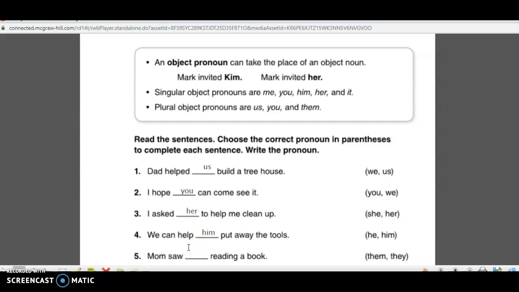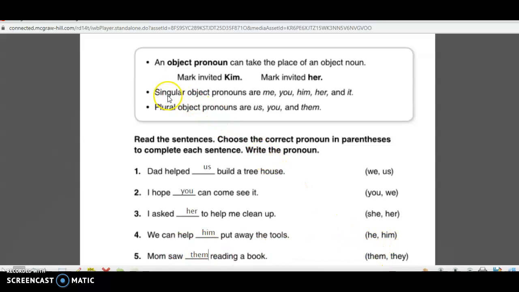This is part of the predicate. We're going to use them. Them is an object pronoun, not they. So Mom saw them reading a book. "Mom saw they reading a book" doesn't sound right because it's not a subject, it's part of the predicate, so we have to use them.